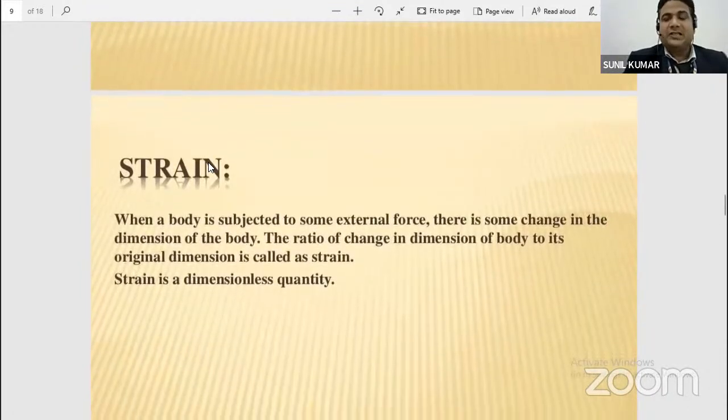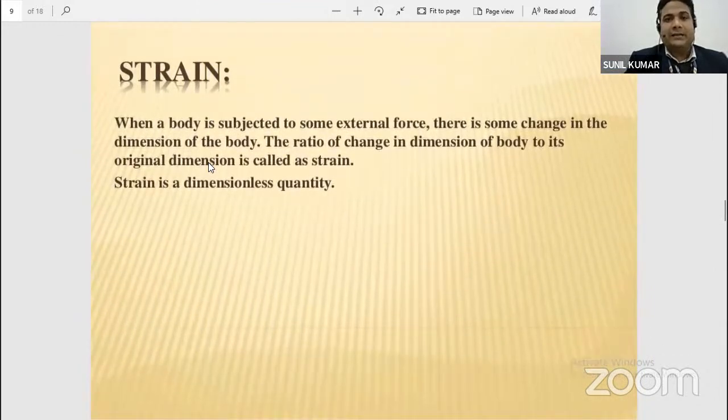Strain. Strain is defined as change in length divided by original length. If we apply a tensile load to any material or body, the length increases. Comparing the length before and after applying the force, the change in length divided by the original length is called the strain.